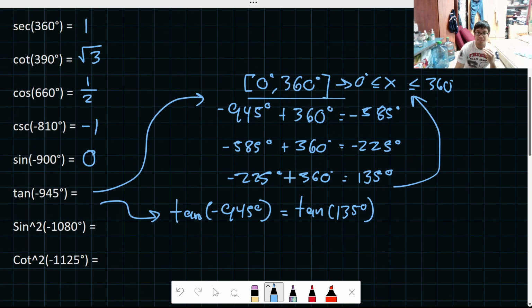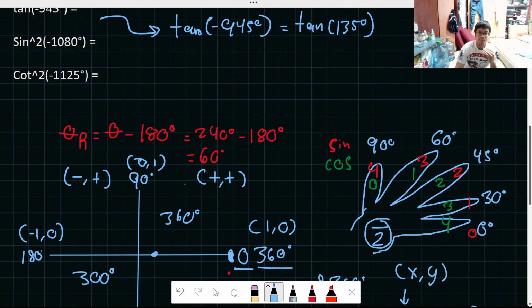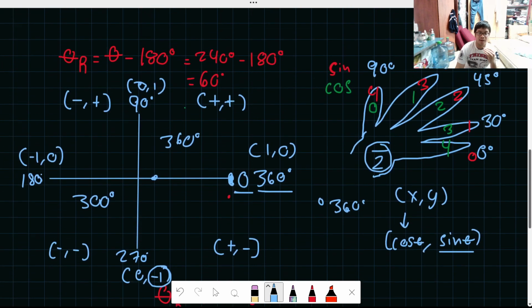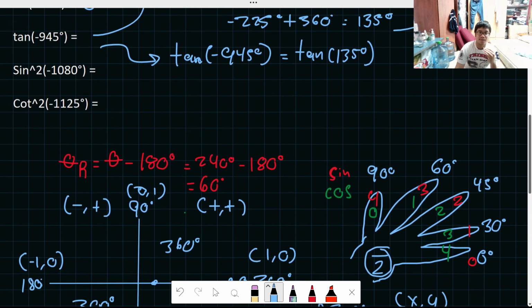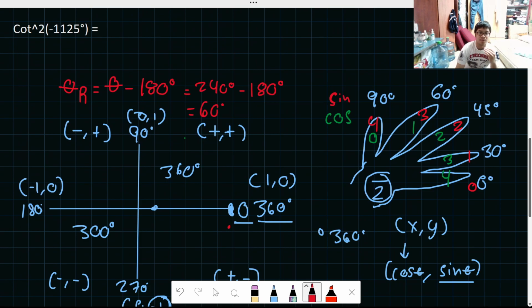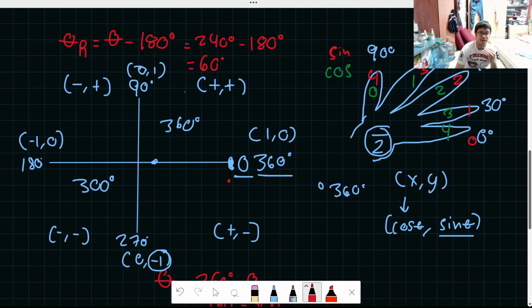Now, if we're going to base it here in a graph, positive 135 degrees, if we're going to graph it, it would look like this, okay? Since it's between 90 degrees and 180, it will be from 0 up to here, all right? This is 135 degrees. So here, we're going to find its reference angle.